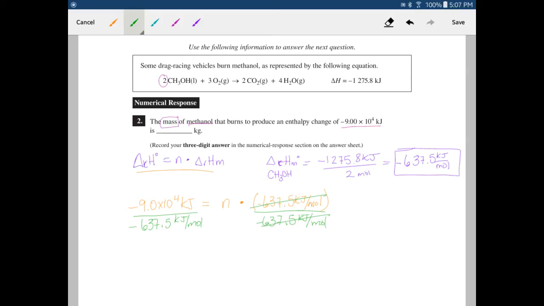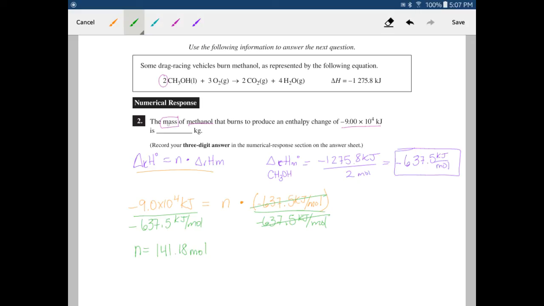So when I do that, I get a molar value, moles is equal to 141.18 moles.